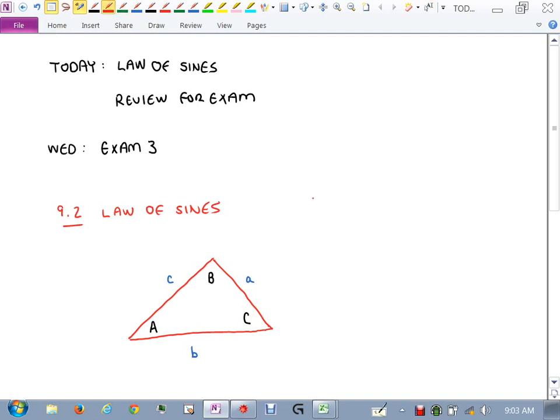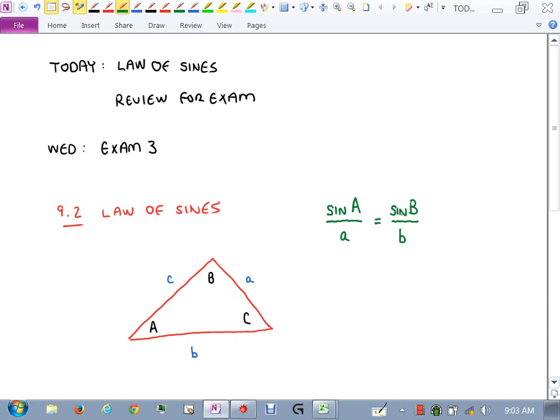So here's what law of sines says. If you take sine of angle A and divide it by little a, the side that corresponds to that angle, that should be the same as sine of angle B divided by little b.